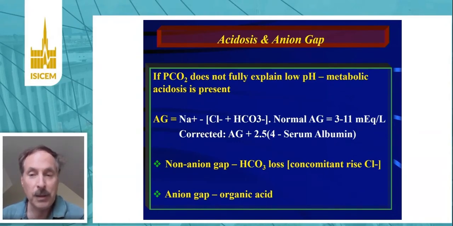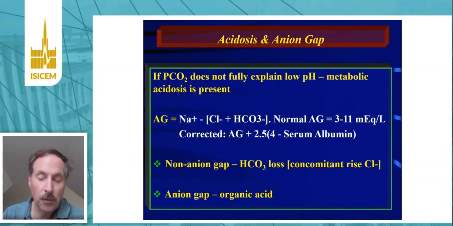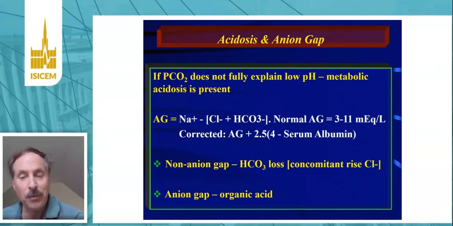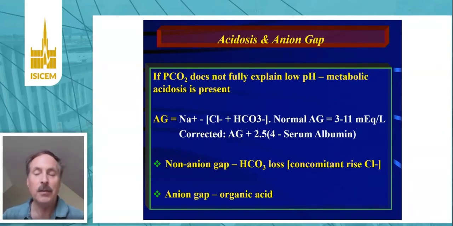A normal gap is typically 3 to 11 when you take the sum of sodium minus chloride and bicarbonate. We often correct that for patients with a severe hypoalbuminemia, because albumin is the principal negative ion that is part of that anion gap of 3 to 11.